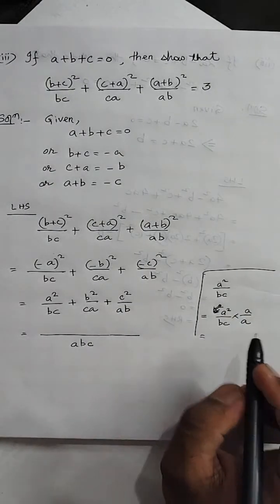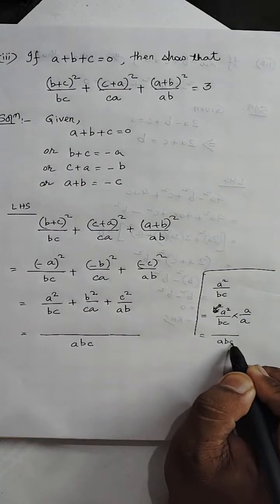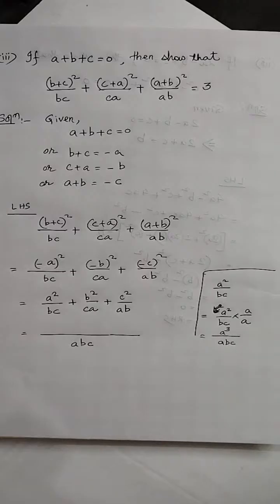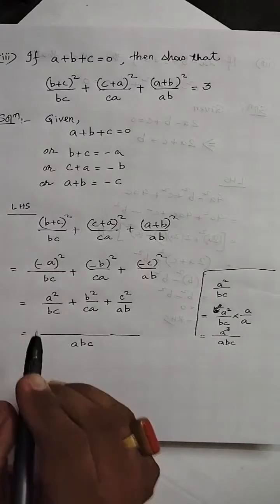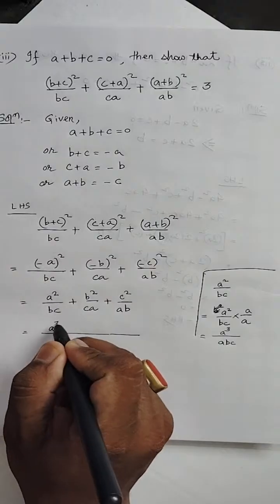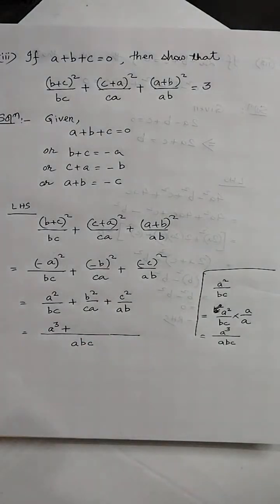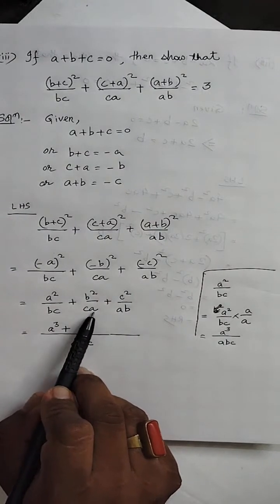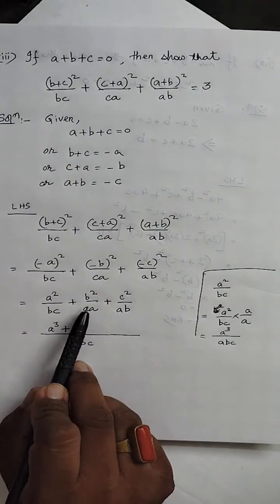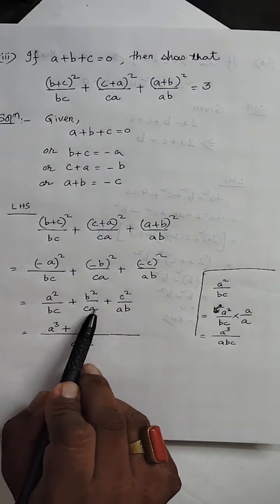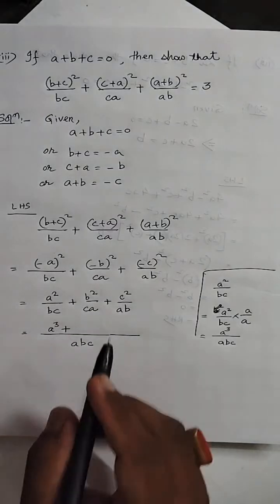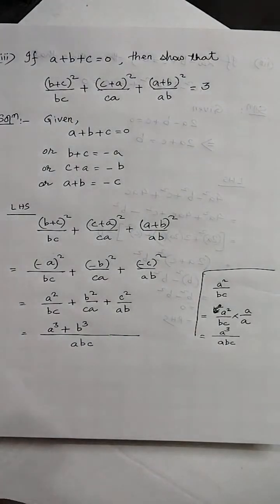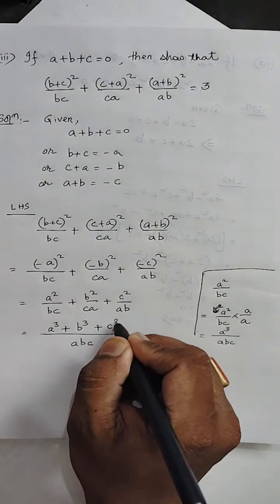In that case, the denominator will become ABC and the numerator will become a cube. Same way we have CA. That means in order to convert the denominator into ABC, we have to multiply the denominator and the numerator by b. So in that case, the numerator will become b cube, and in the same way the numerator over here will become c cube.